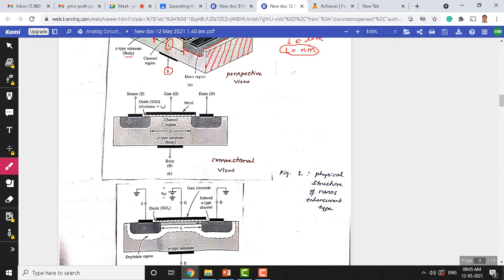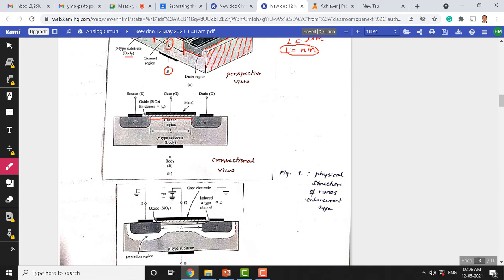Charge carriers can only flow from source region to drain region when we have a similar material, a similar region here in the channel space. We want to have some n-type region here, so that the charge carriers can move from here to here. So we will see how that works, how to create a channel, and how this device works.